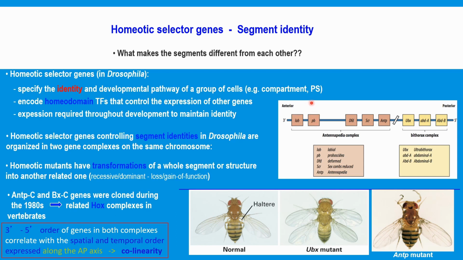And this holds true for the whole set of complexes. So labial will be expressed more anteriorly and before, and all these other genes then will be expressed after it in sequence and in location in the animal, with finally abdominal B being expressed most posteriorly and last.